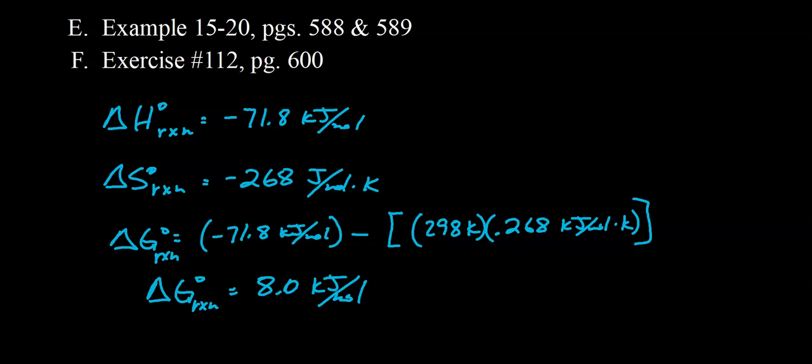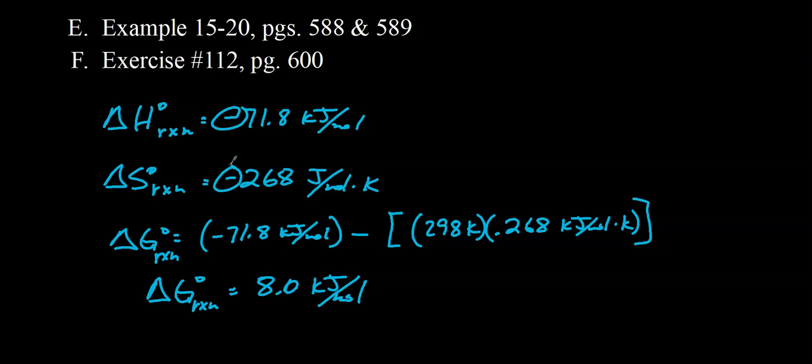So again, negative 71.8 kilojoules per mole for our delta H for this reaction. Negative 268 joules per mole Kelvin. So notice we have an exothermic reaction, which is favored in nature. That decreases in entropy, so delta S is negative.